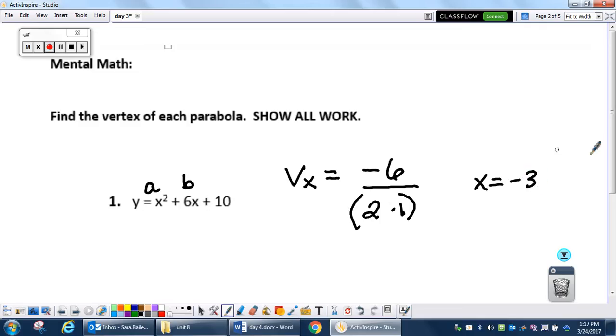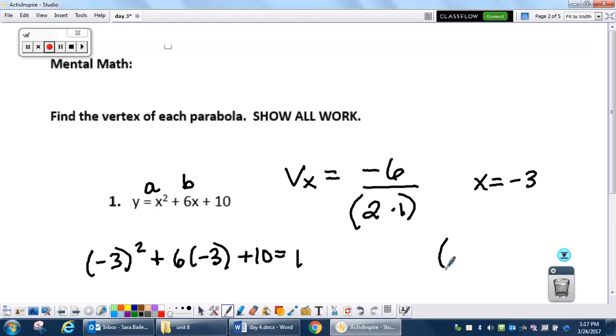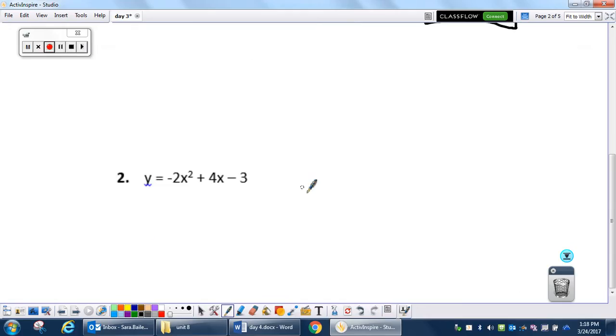Okay, so now you're going to take your negative 3 and find the y that goes with it. And you should get 1. So then the vertex is negative 3, 1. And your last one, opposite of b, over 2 times, make sure I put in parentheses, 2 times negative 2.